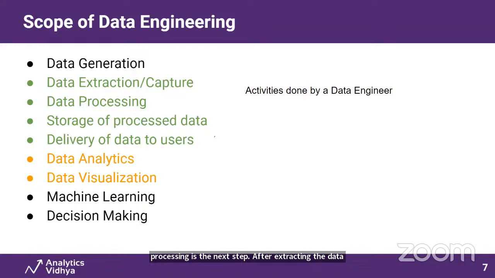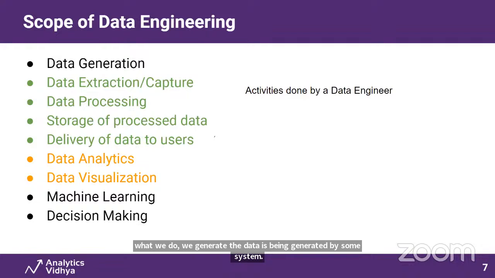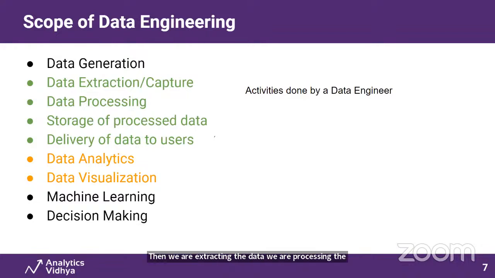Then we have storage of processed data. So the data is being generated by some system, then we extract the data, we process the data, and we store the processed data somewhere. When we talk about storing the processed data, it means you are going to store it in some database. That could be a SQL database.